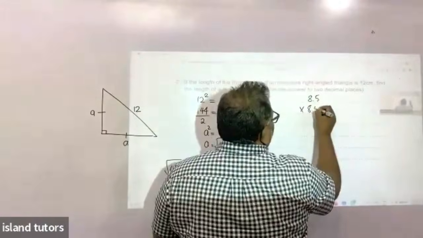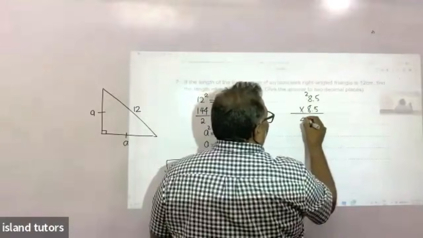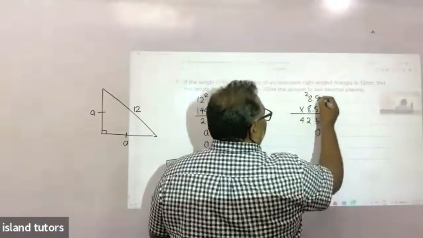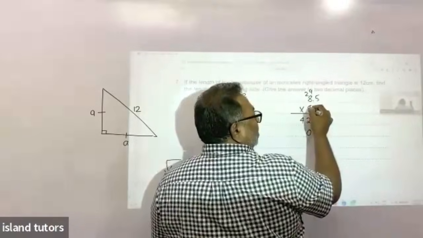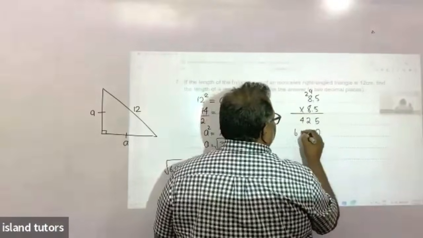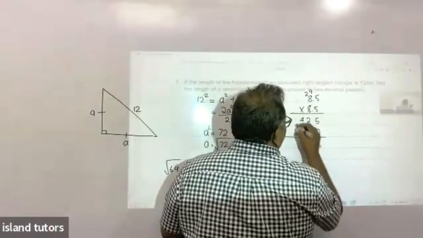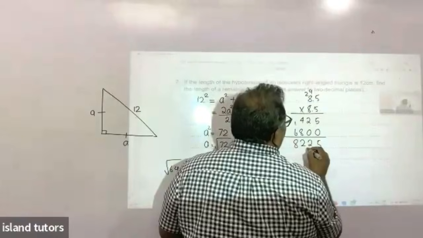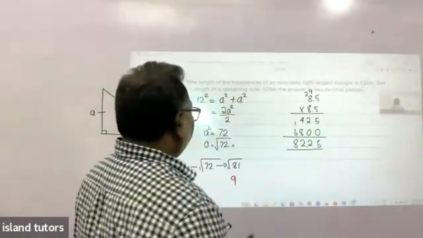8.5 into 8.5. 25. 2 carry forward. 42. 5 into 8 is 40. 8 into 8 is 64. Plus 4, 68. 5, 2, 12, 1, 82.25.